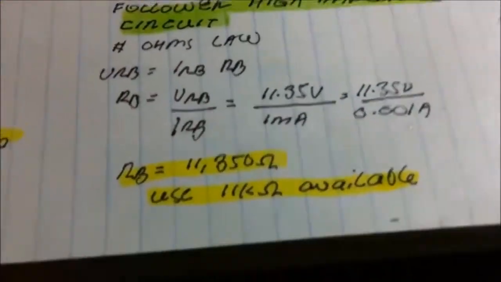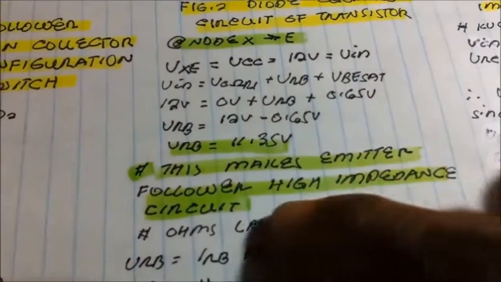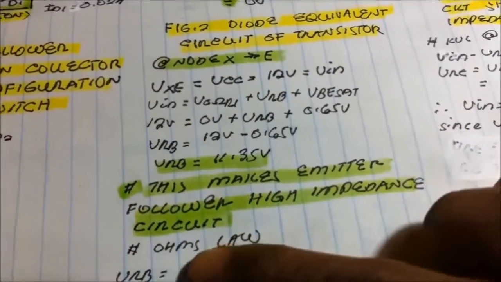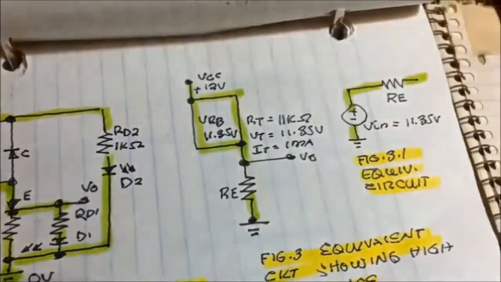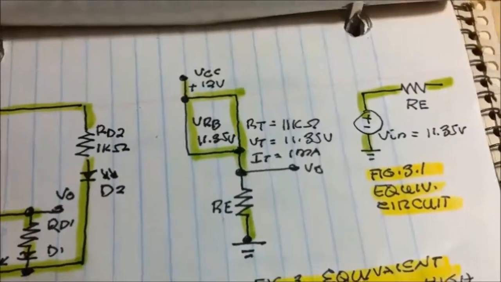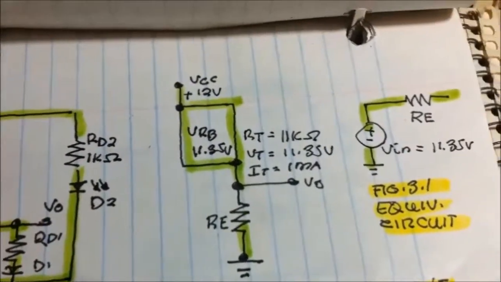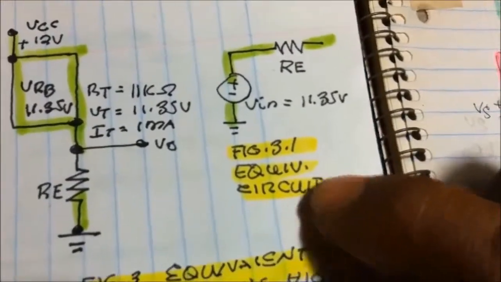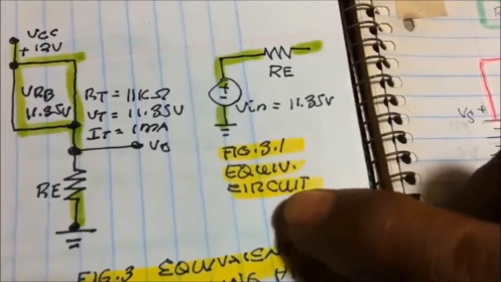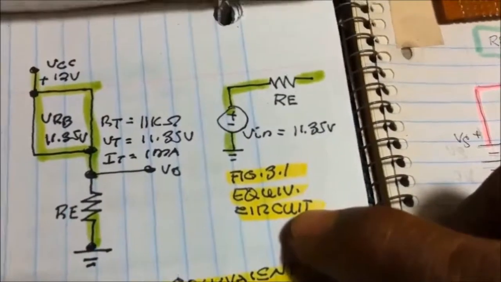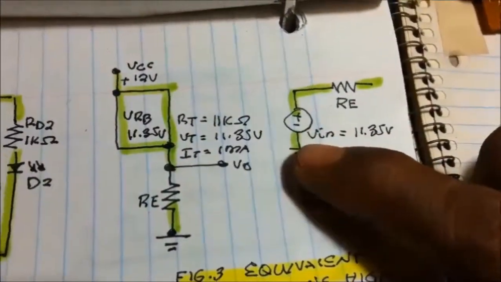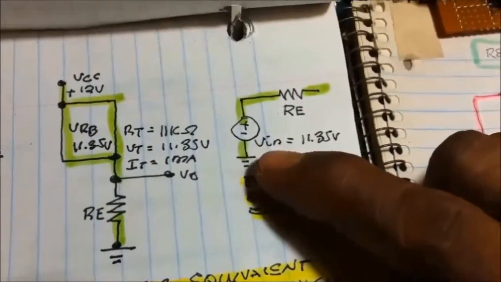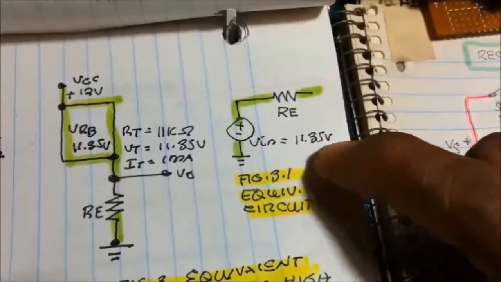Okay. This makes the emitter follower a high impedance circuit because it consumes 11 kilo ohms as an input resistance. Okay, consider this figure, the equivalent circuit, as if we are just having a voltage supply of 11.35 volts.